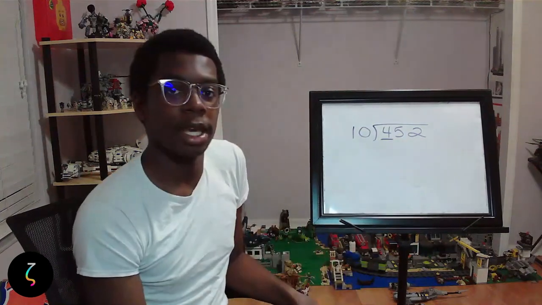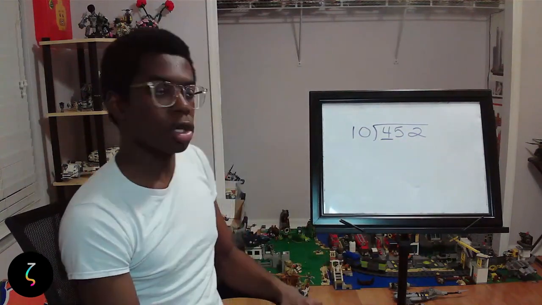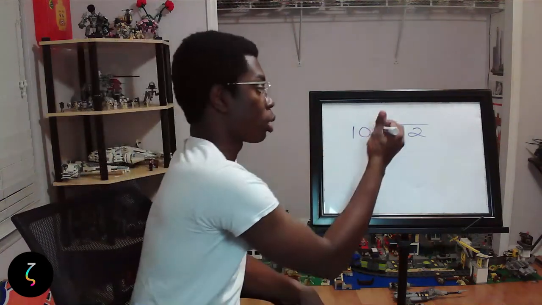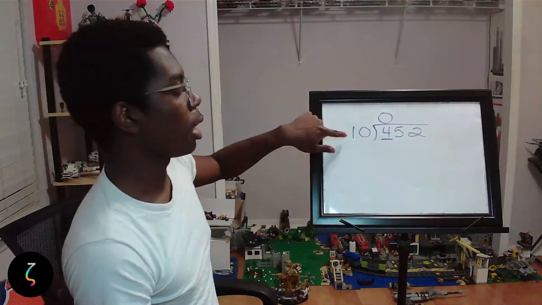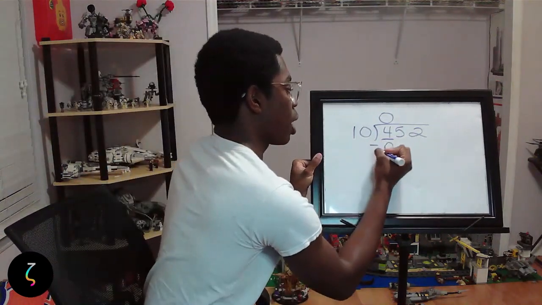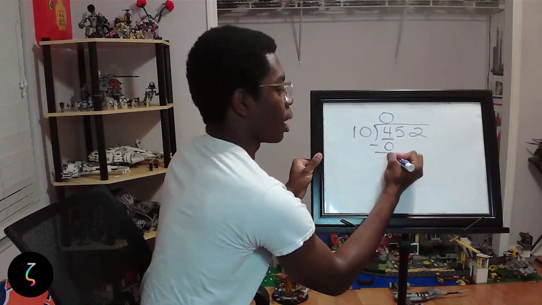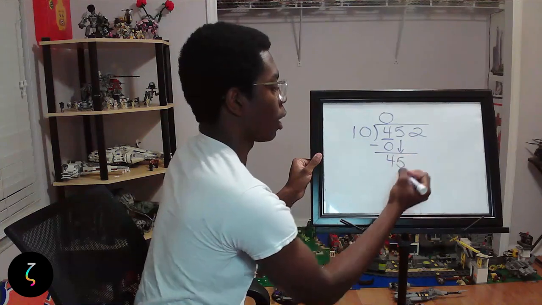How many times does 10 go into 4? Well, it doesn't go in any times. It goes in 0 times. So we're just going to write 0 here. And we're going to keep it in line. So now we're going to do 10 times 0, which is 0, and subtract. And you get 4. And then you drop down the 5, and you get 45.